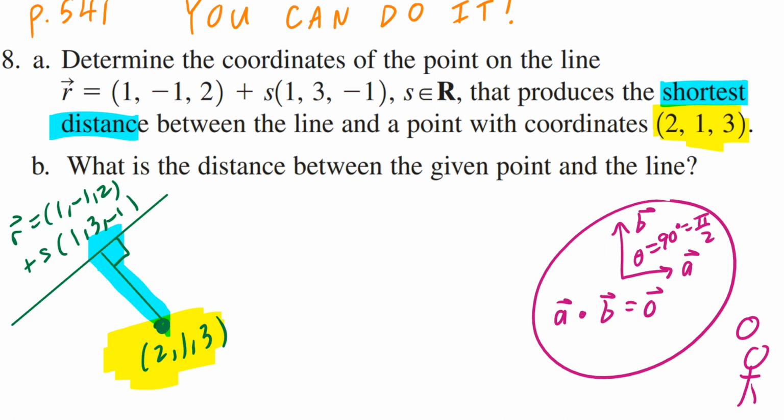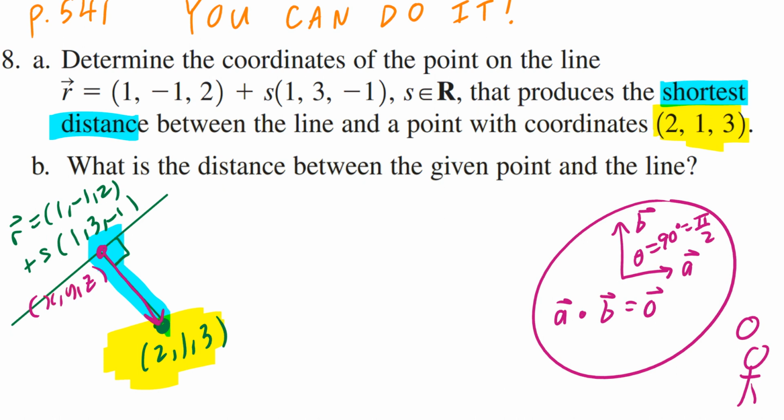Now notice this second vector. If I want to find this vector right here, what I have to do is the following. This point is going to be x, y, z. This means the vector is going to be, think about vector AB, that's going to be OB minus OA.